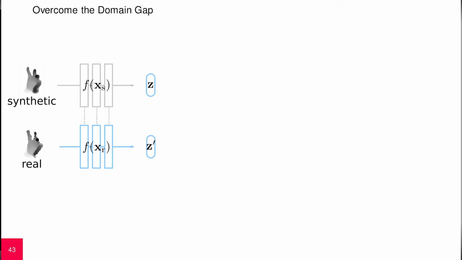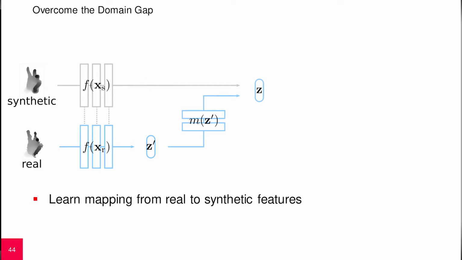Maybe I'll just describe what we are doing here. We train a model with real and synthetic data, and this is now representing the latent representation, for which we have this domain gap, even though we have a corresponding real and synthetic sample, the latent space representation will likely be quite different, right? So what we want to do is bring those latent representations close together for samples which represent the same pose.